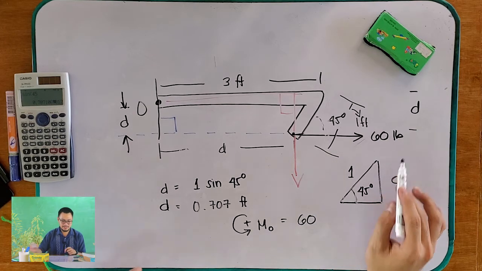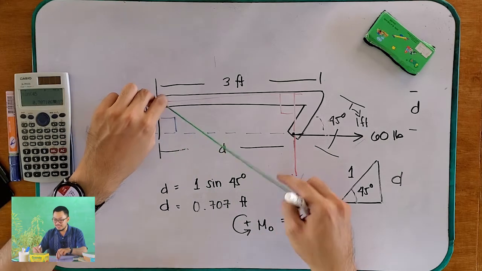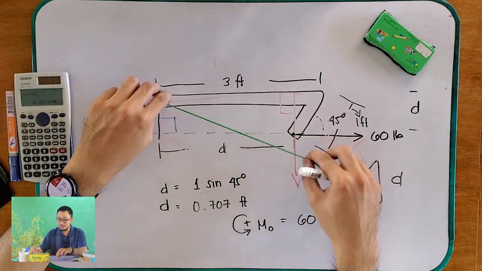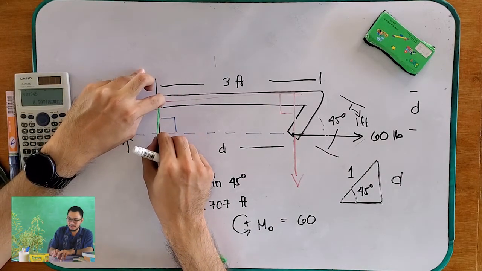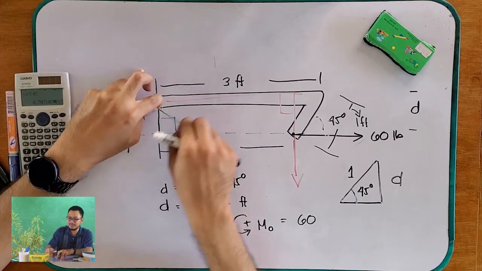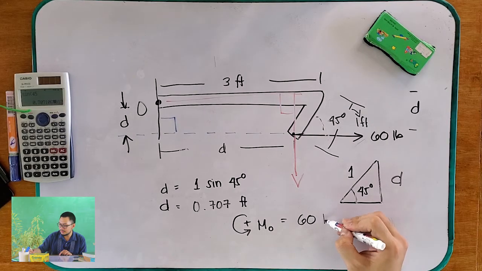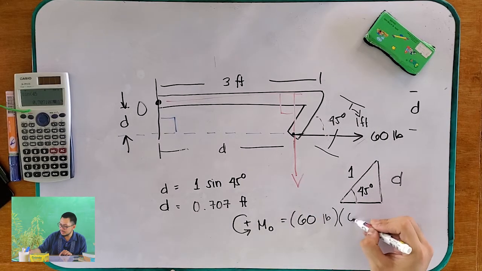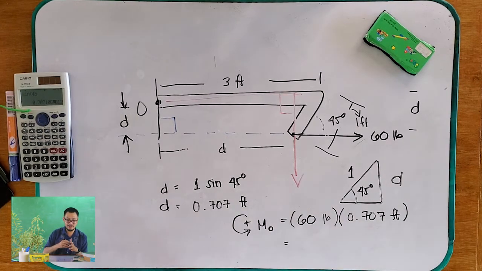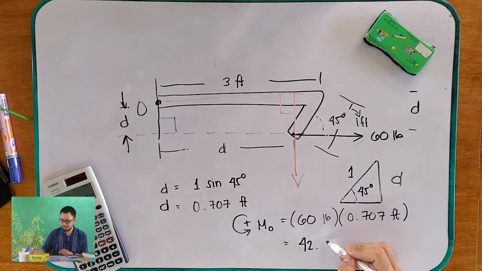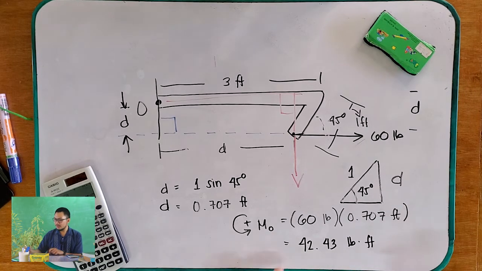This is a positive moment. Because even if you imagine it there, you can also imagine that you apply the 60 pounds here. Right? Because the application is the same. So where you apply the 60 pounds, it creates a counterclockwise direction. So positive 60 pounds times 0.707 foot. The answer here is 42.43 pound foot. So, you say here that it is clockwise.